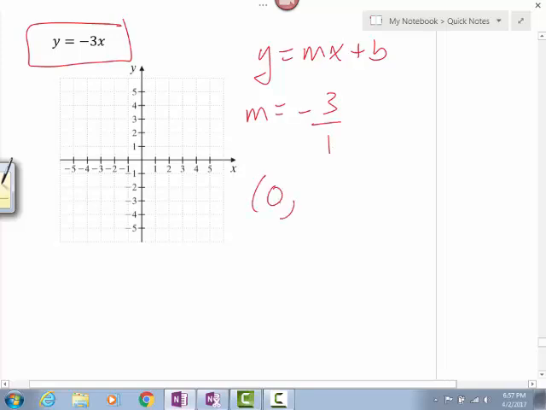My y-intercept is 0, and since there's no other number here, it's 0, 0. Okay, so let me go ahead and plot 0, 0. That's right there at the origin. Since my slope is negative 3 over 1, I can move down 1, 2, 3, and to the right 1 space. And there's our line.